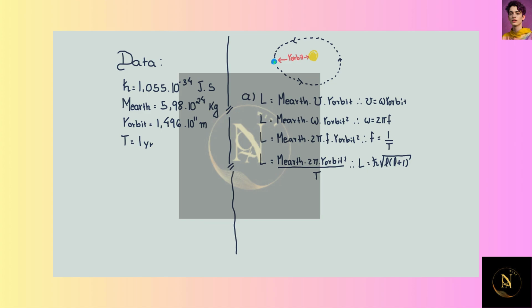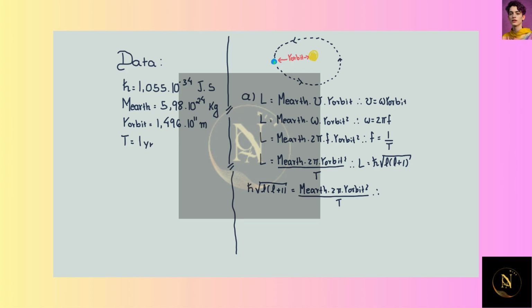Then we can equate h bar times the square root of l times l plus 1 to the mass of the Earth times 2 pi times the radius of the orbit squared divided by the period of the orbit.